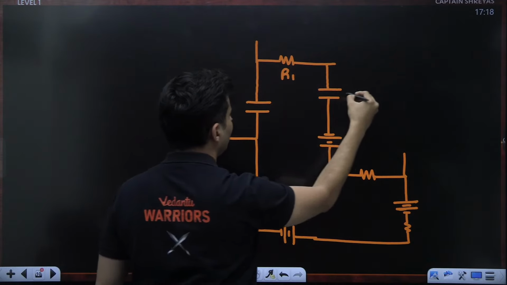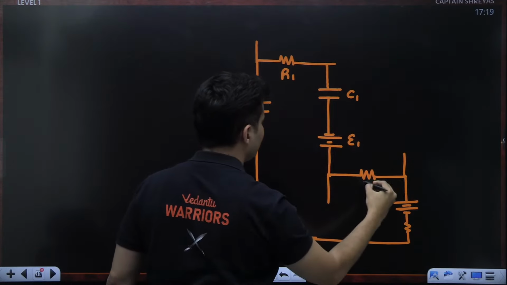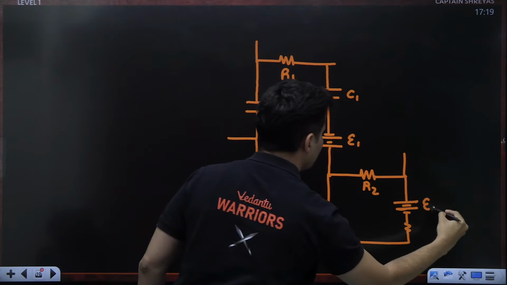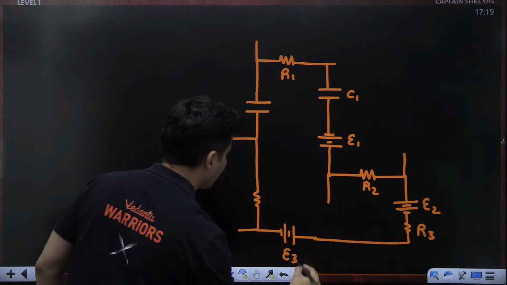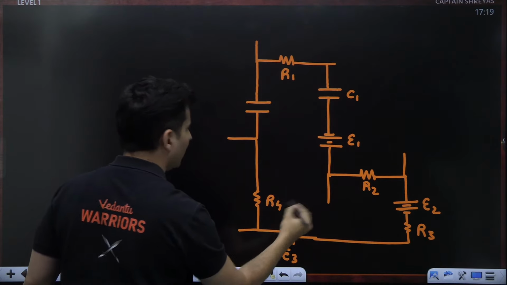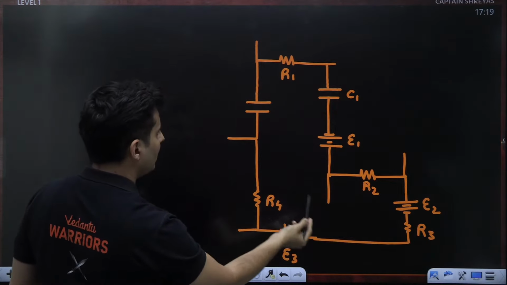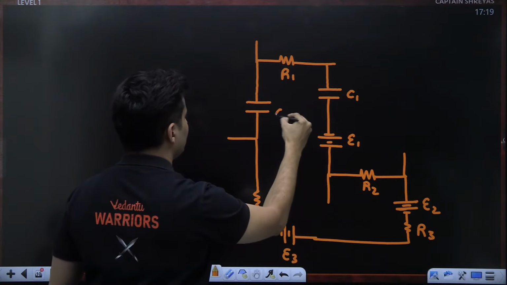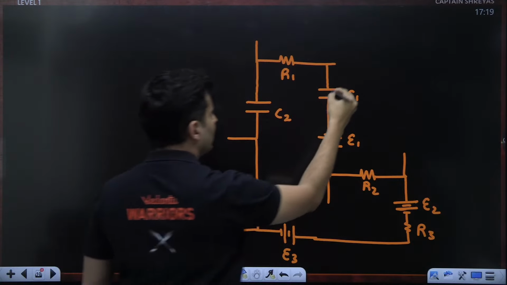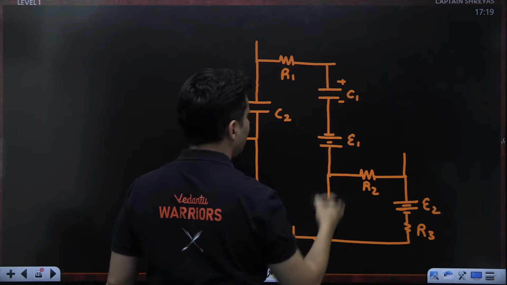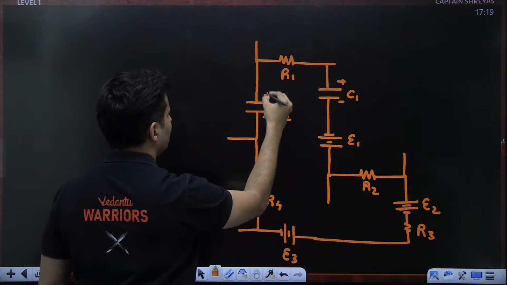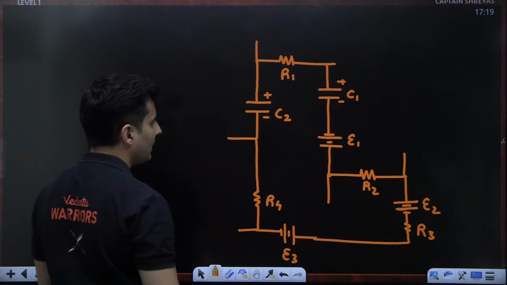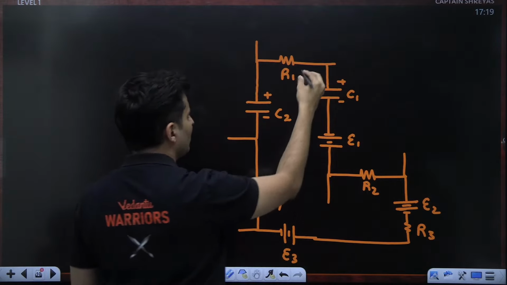Let's say this is R1, this is C1, this is E1, this is R2, this is E2, this is R3, this is E3, then this is R4, then C1 is done. Let's say this is C2. Let's say this is positive, negative, and this is negative, this is positive terminal, something like that. And some currents also need to be assumed.